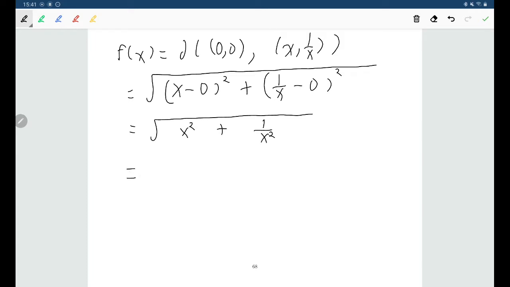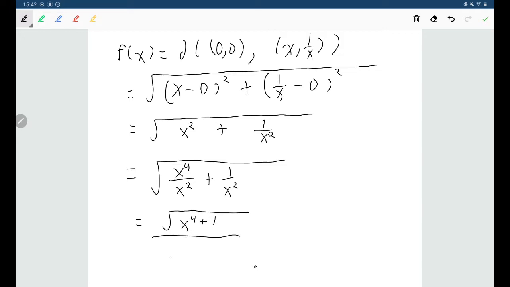And if I wanted to make it look a little bit nicer, I could rewrite that x squared as x to the 4 over x squared, so that I would have the root of x to the 4 plus 1 over x squared, which would be, of course, root of x to the 4 plus 1 over root of x squared, which is something I could do if I felt like it. I don't really think you need to.